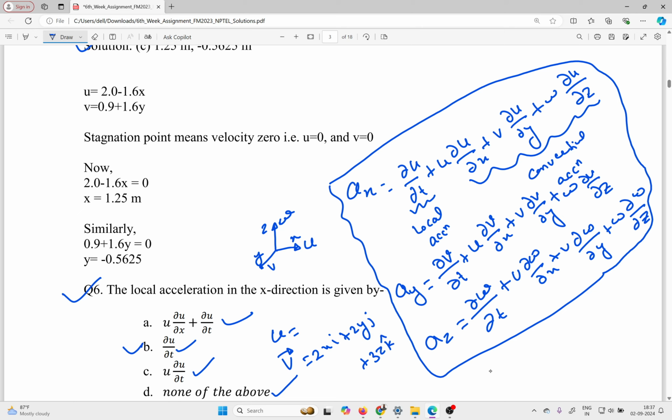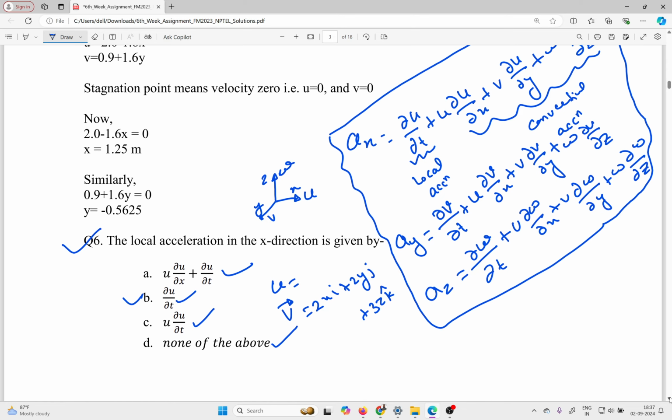The examiner may ask for the local acceleration in all three directions, and maybe all three options will be given. Or convective acceleration in three directions. Such questions might be framed in your future examinations or assignments. So now we'll move ahead.